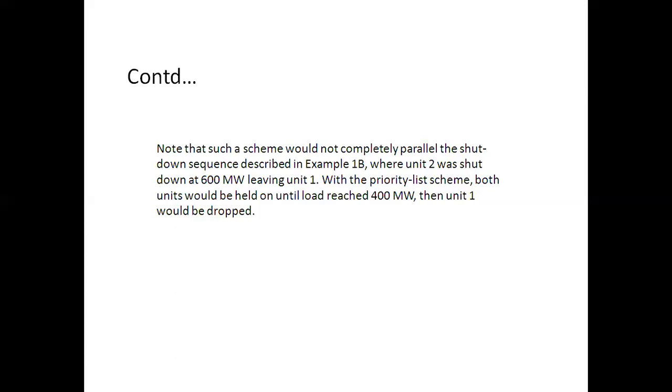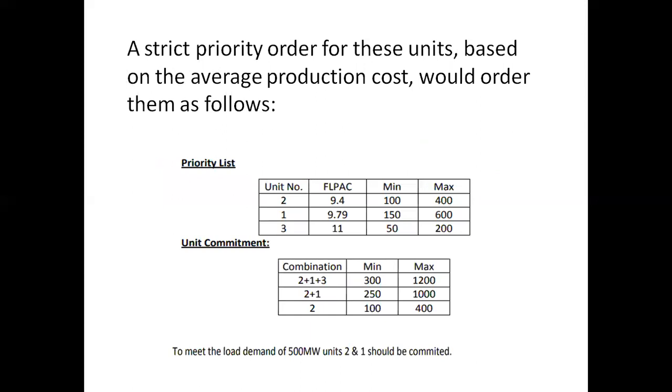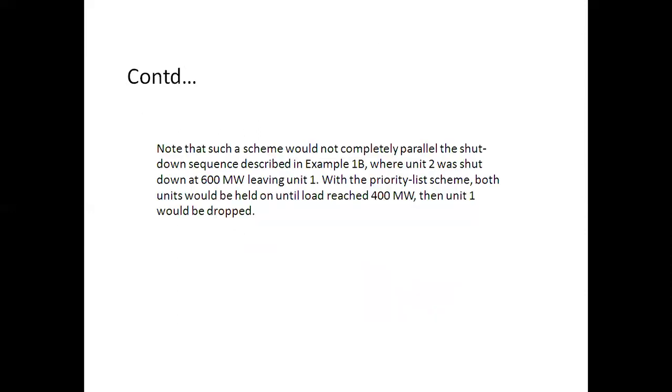This difference we have seen using the concept of the priority list method, and the combinations are given in the order in which the units will be turned on. 2 plus 1 plus 3 means 2 will turn on first, then 1, then 3 when the 3 units are in running condition. When 2 units are in running condition, we have to run unit 2, then unit 1. And when only a single unit is in running condition, we have to run unit 2, depending upon the priority, by applying the knowledge of the priority list method.